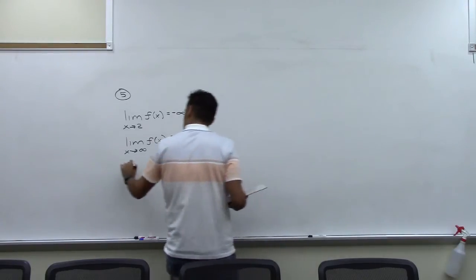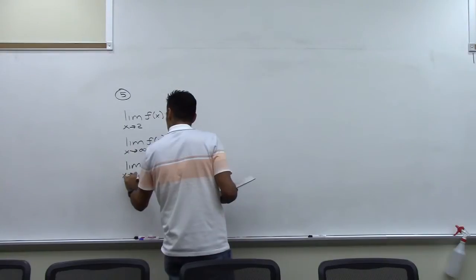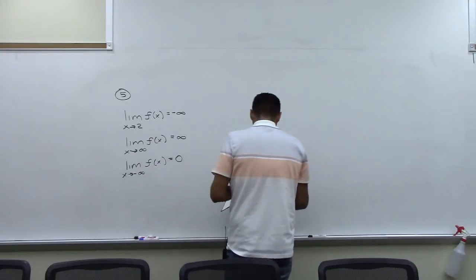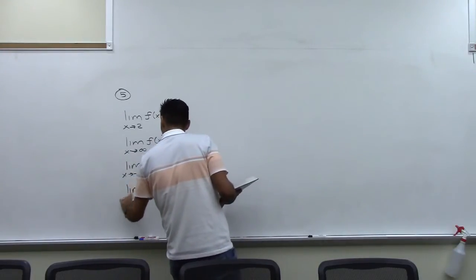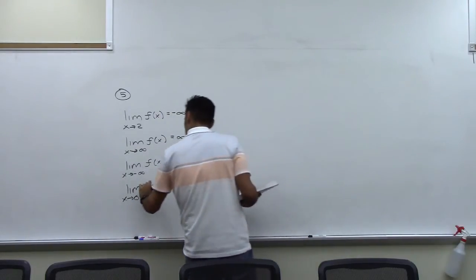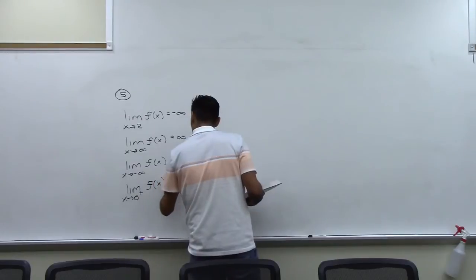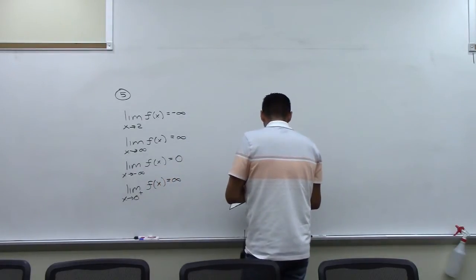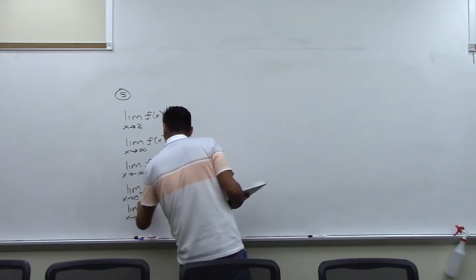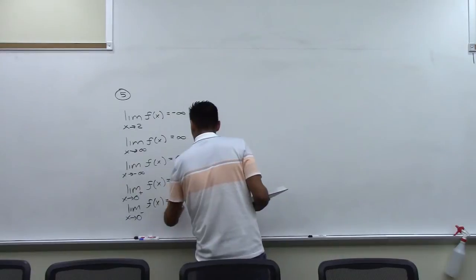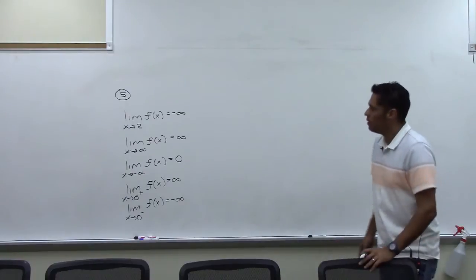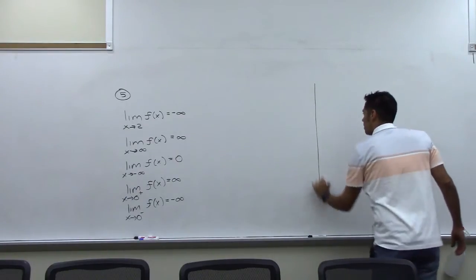We want the limit as x approaches -infinity of our function to be approaching 0. We want the limit as x approaches 0 from the right, because it has a little plus sign there, of our function to be positive infinity, and 0 from the left of our function to be approaching negative infinity. And that's it.